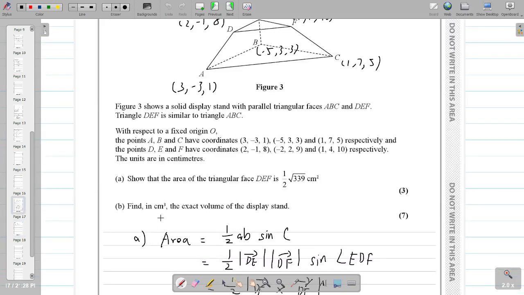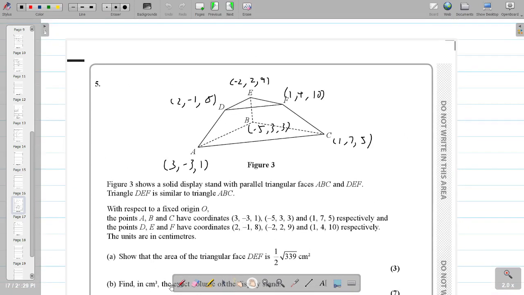All right, part B. Find in cm cubed the exact volume of the display stand. Okay. So this is going to be base area times height. So base area we can find. Base area is just AB cross AC, and then do that up again.